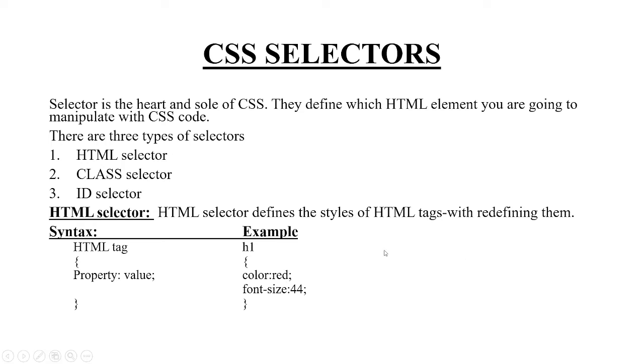And secondly, the property I have used is font size. And the value I have assigned to that font size property is 44. So this example specifies that we are defining the styles of the HTML tag called H1 by redefining it.